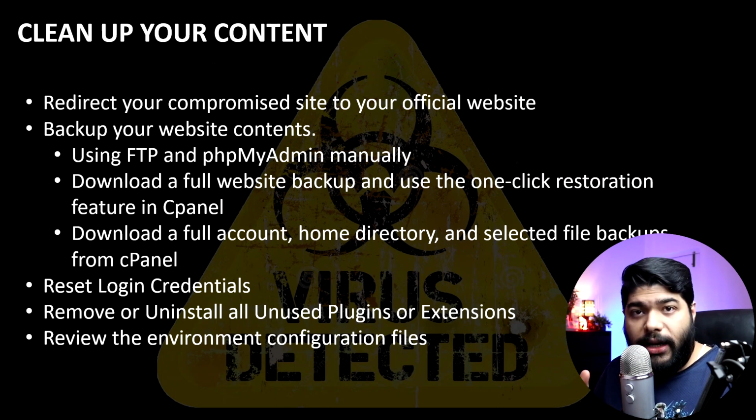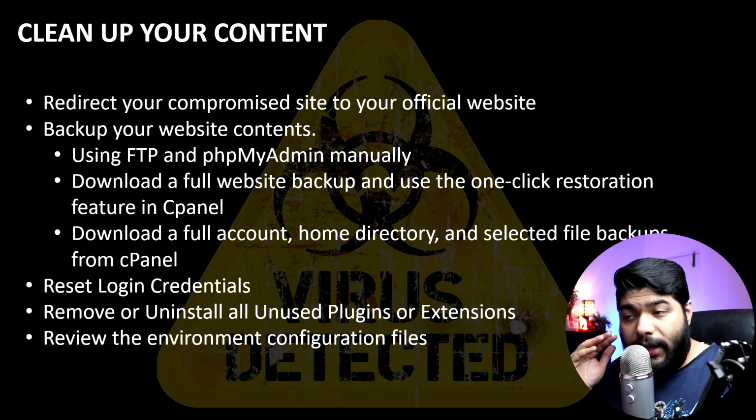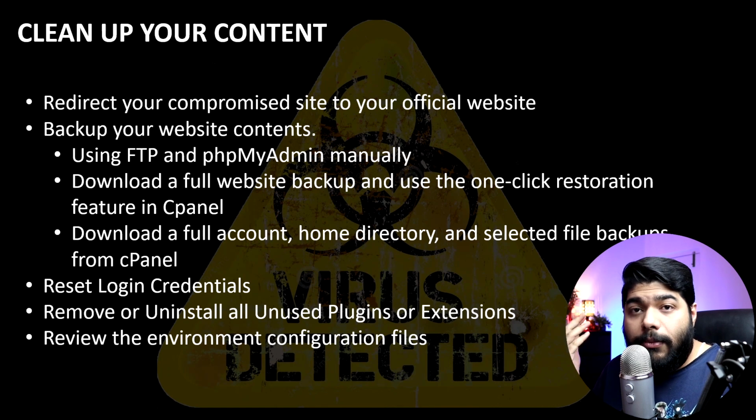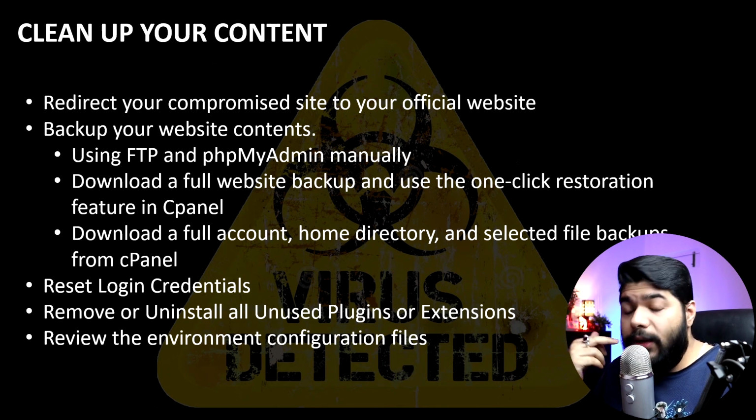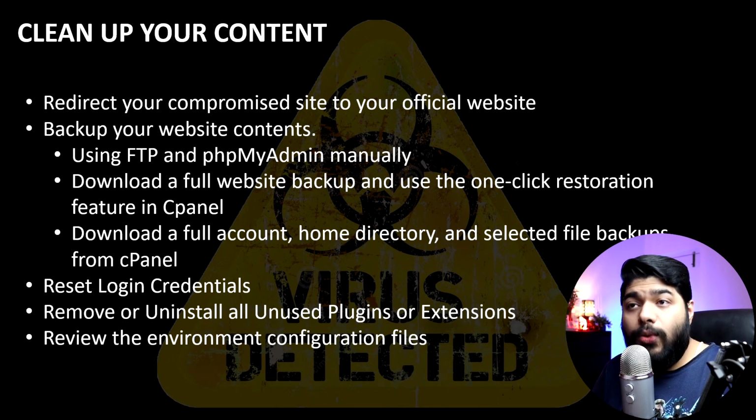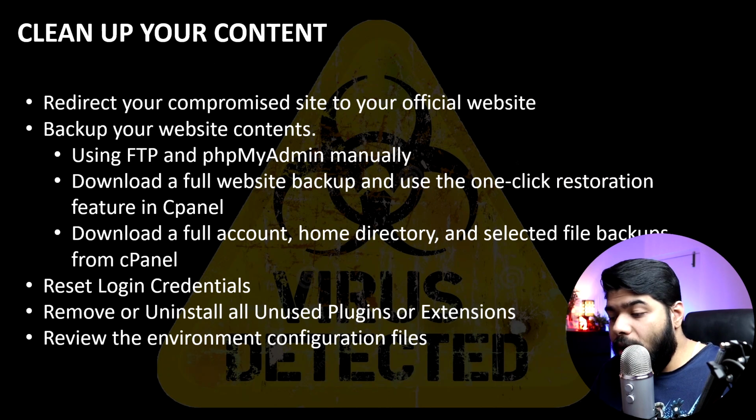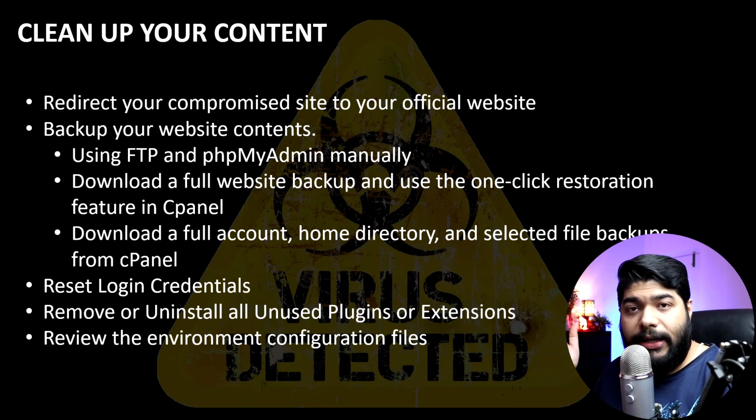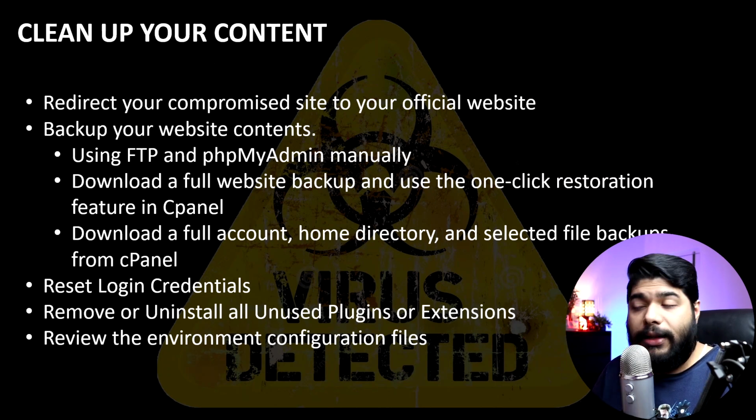Just go to the configuration section where you have created your configurations. If you see something anomalous, just remove it. Now, if you are an administrator, obviously you will know what configuration you have done on your website, and it will be easy for you to segregate between an anomalous thing and a non-anomalous thing, right? So you can leverage that.